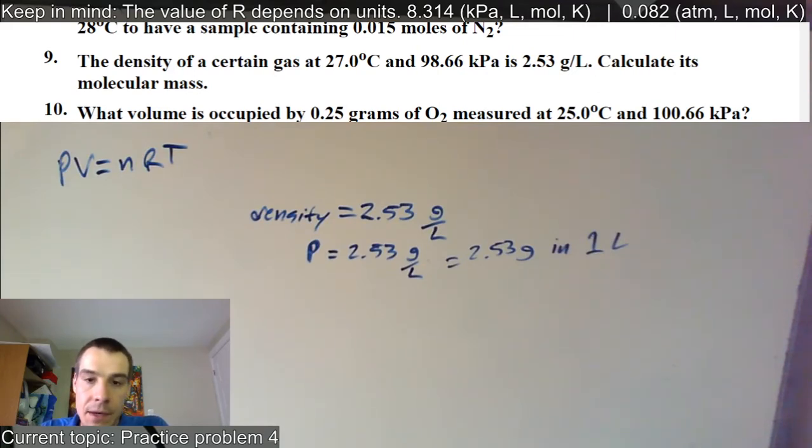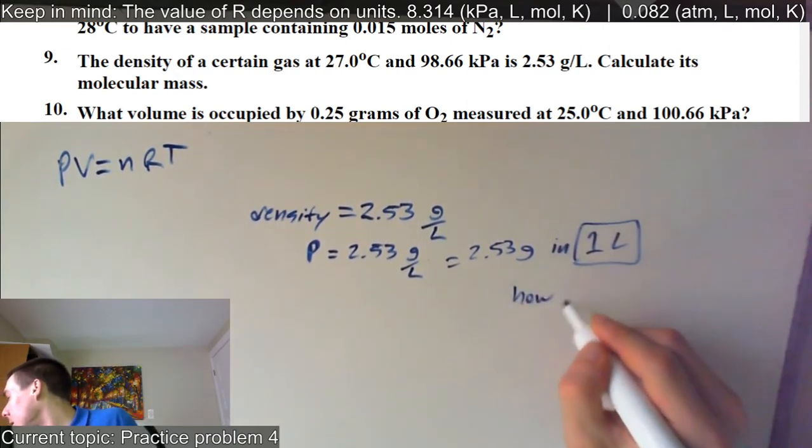What I'm looking for is grams per mole. I have grams per liter. I want grams per mole. Well, that means I need to figure out how many moles of gas are in my 1 liter.